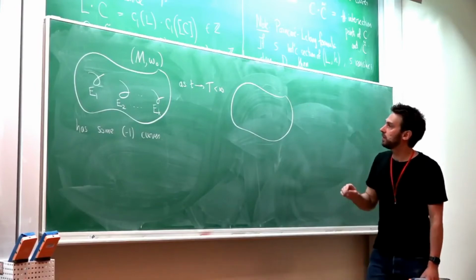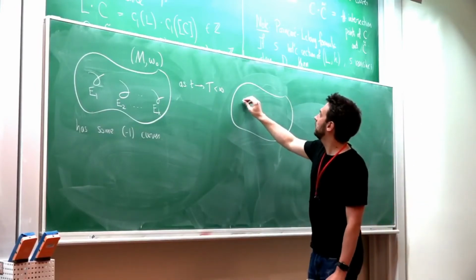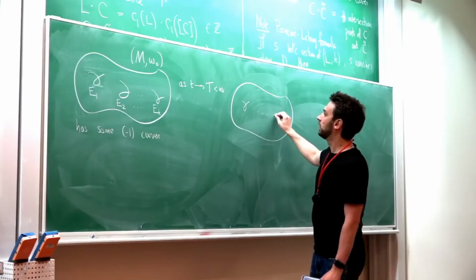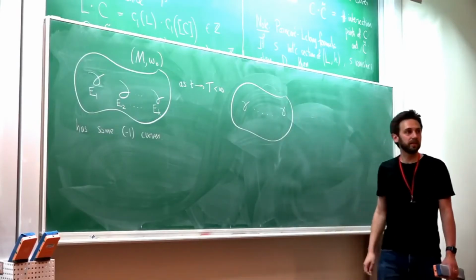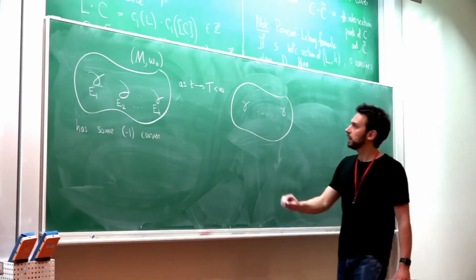What happens is that finitely many disjoint -1 curves contract away.